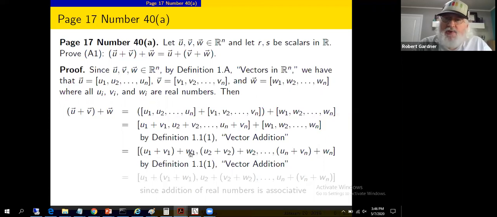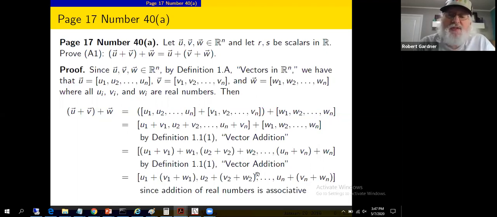Well, we've got associativity of real numbers, so we could move the parentheses in this first component from u1 and v1 to v1 and w1 because you've got associativity for addition of real numbers. In fact, you can do that for each of the components. This is where the associativity is happening.